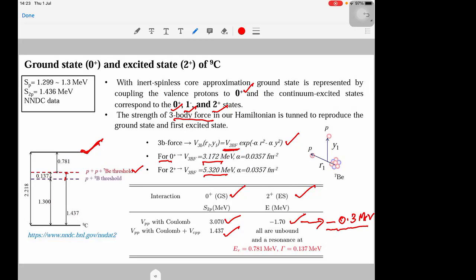We further tune our three-body force strength to reproduce the first resonance at the experimental value, that is at 0.781 MeV above the three-body threshold. So once we fix these parameters, now we are ready to explore the continuum of all these states which we have prepared.